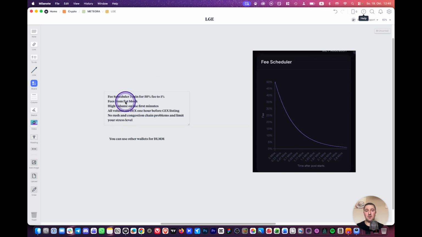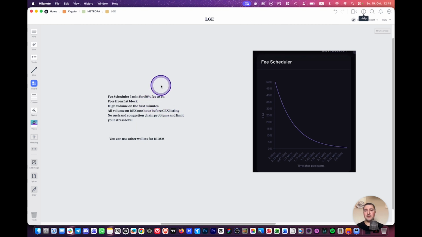The fee scheduler will start at 50% for around 3 minutes. When all the snipers and bots come, they will pay a lot of fees, which will go straight to us, the liquidity providers. And after 3 minutes, it will go down to 1%.